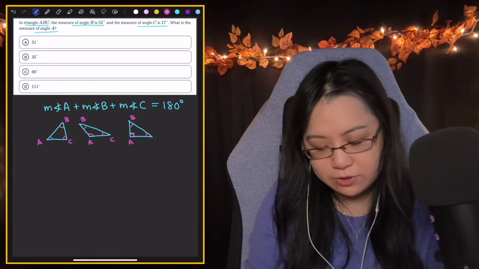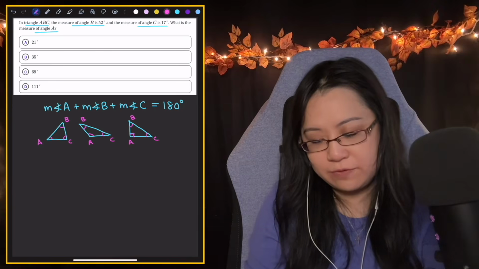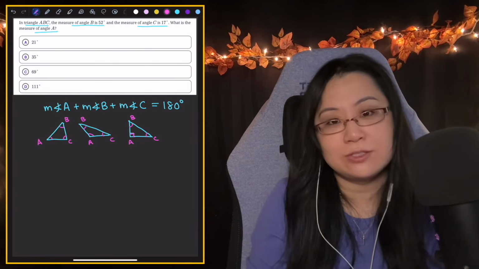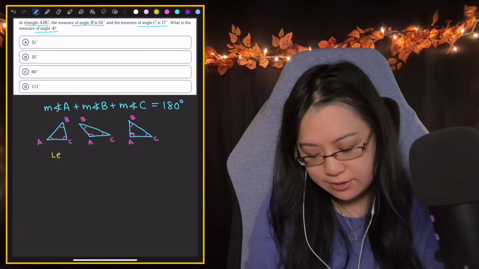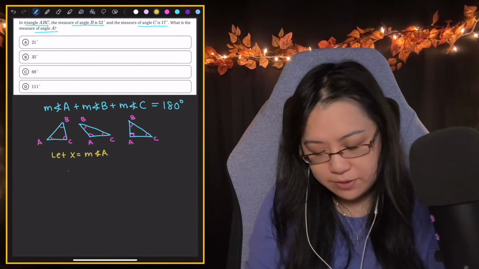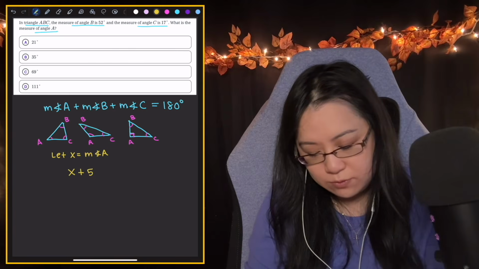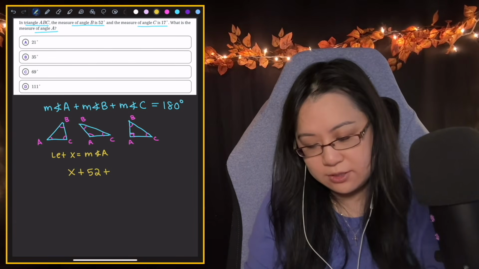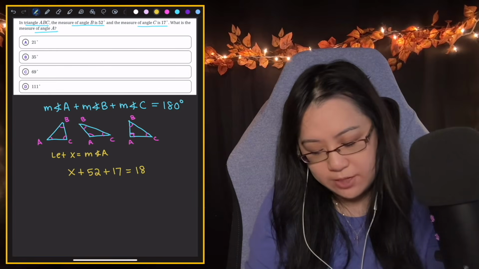Since we're given 52 and 17, we can then solve for the measure of angle A. So let x equal the measure of angle A. Then we would have x plus 52 plus 17, and that should equal 180.